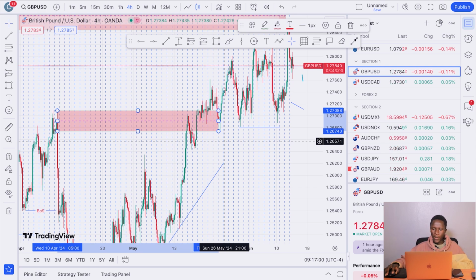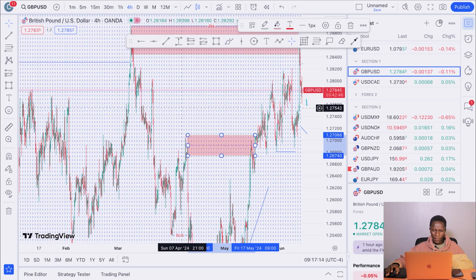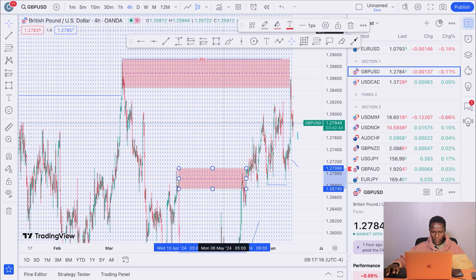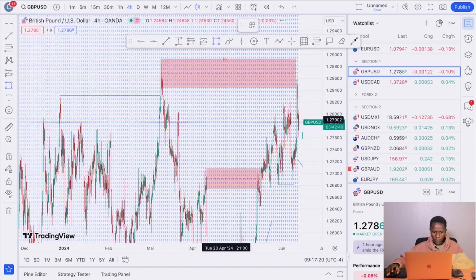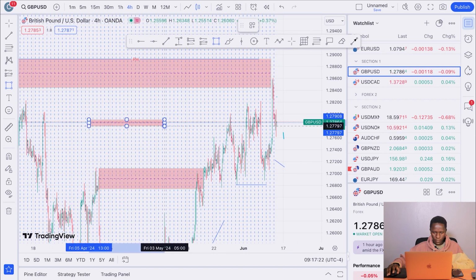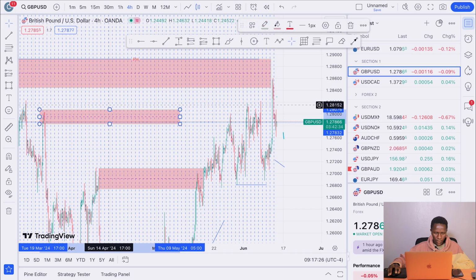And we all know whenever the market breaks the decision order block, it will always continue to the extreme order block. Remember, there is always that order block in the middle. Let me spot it out. This one here.